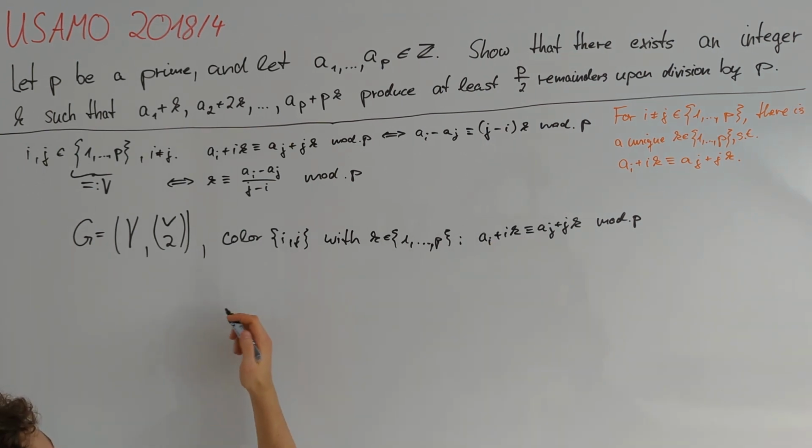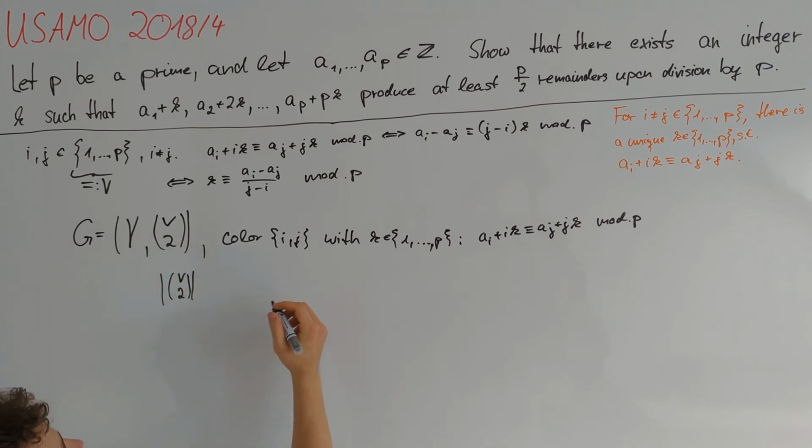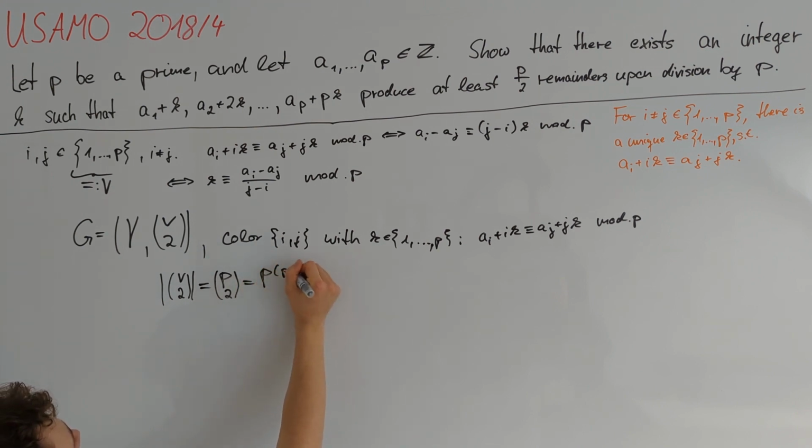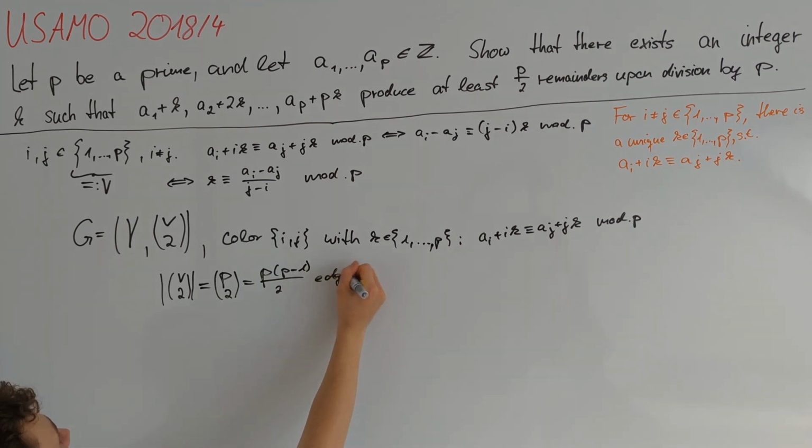Since the number of edges in G is the cardinality of V over 2, which is the number of ways to choose two elements out of p elements, or p choose 2, which is equal to p times (p minus 1) over 2 edges.